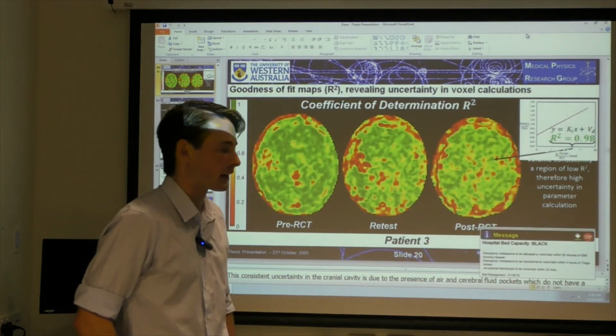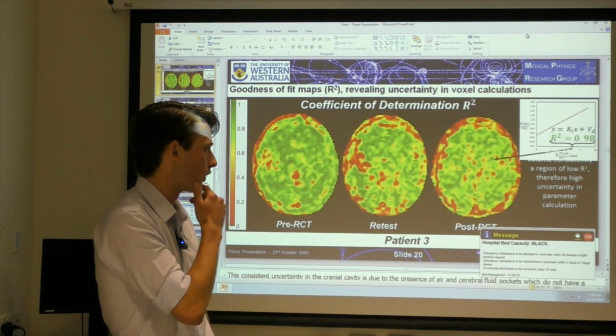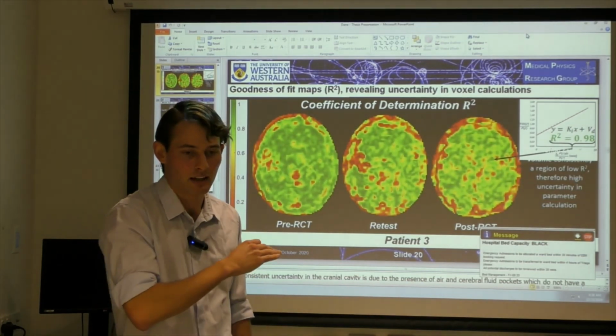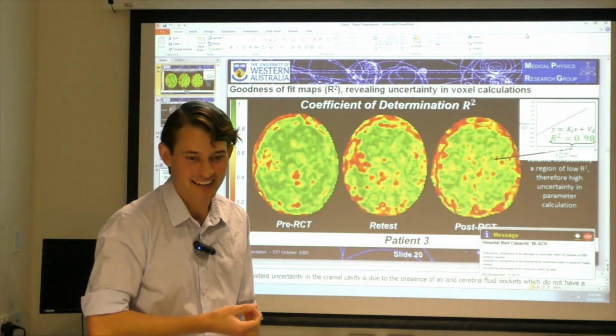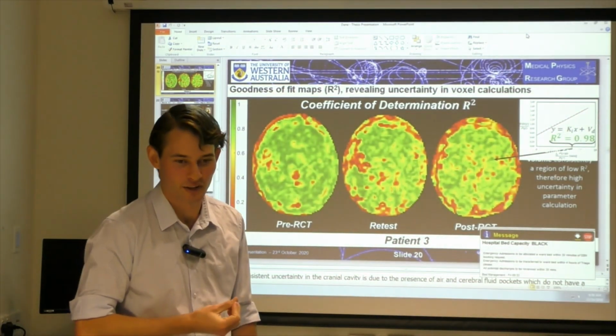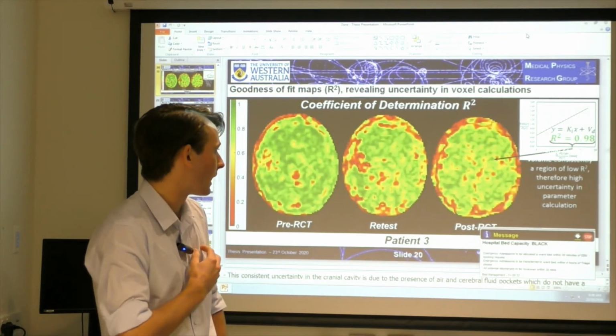This was a way that I could visually show regions of low parameter uncertainty. In particular, I wanted to see whether the tumour regions, which we're most interested in, are not very uncertain, which for the most part they were.